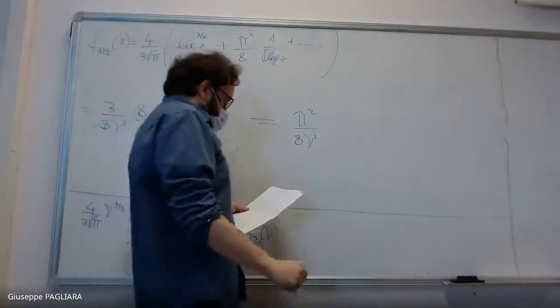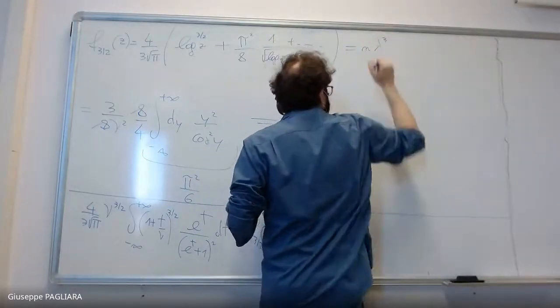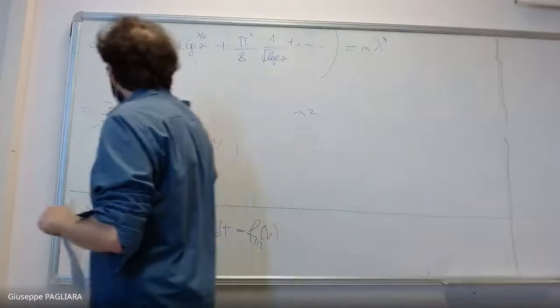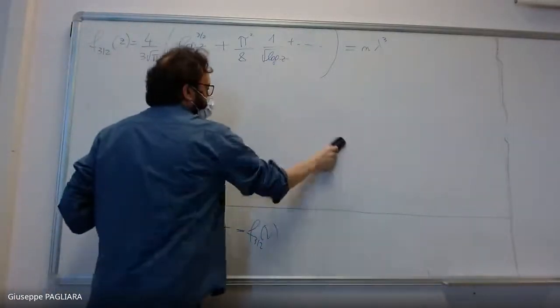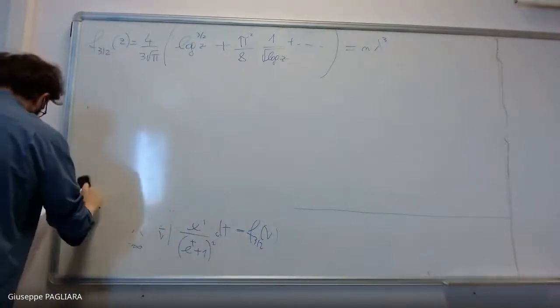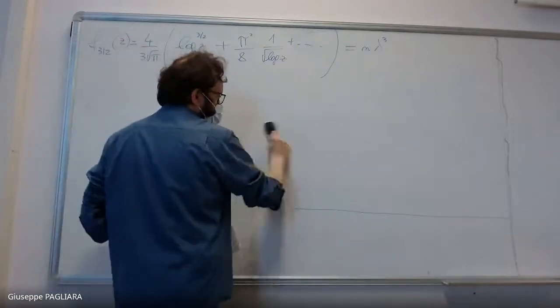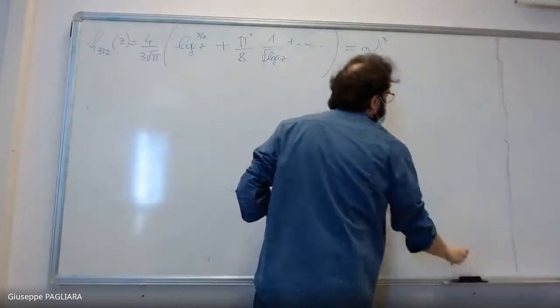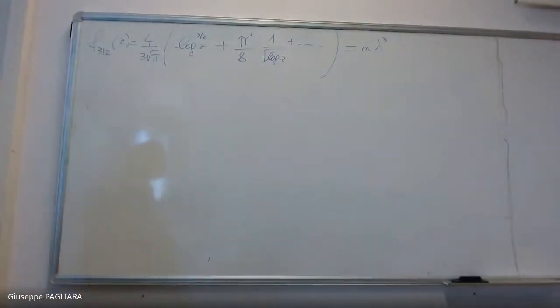And this function, of course, is equal to n lambda cubed. So the expansion that I'm doing is similar to the classical one, but here log of z is large.